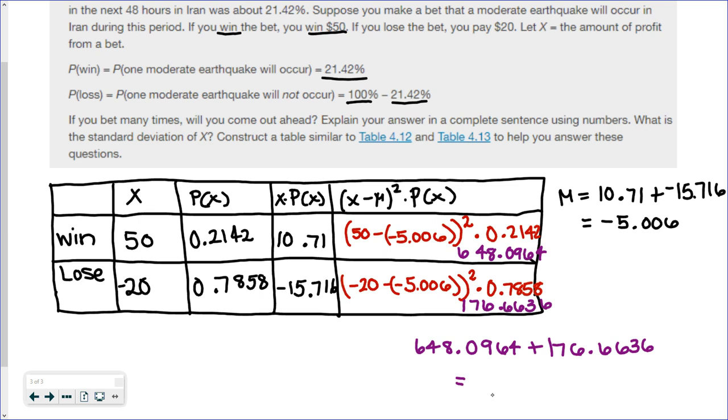When we add these two up, we are then going to take the square root. You can type this straight into a calculator. If you're using a simple calculator like on a phone or a basic scientific calculator, you're going to add these numbers first, then press the square root button. So this equals 28.718, and this is exactly our standard deviation.